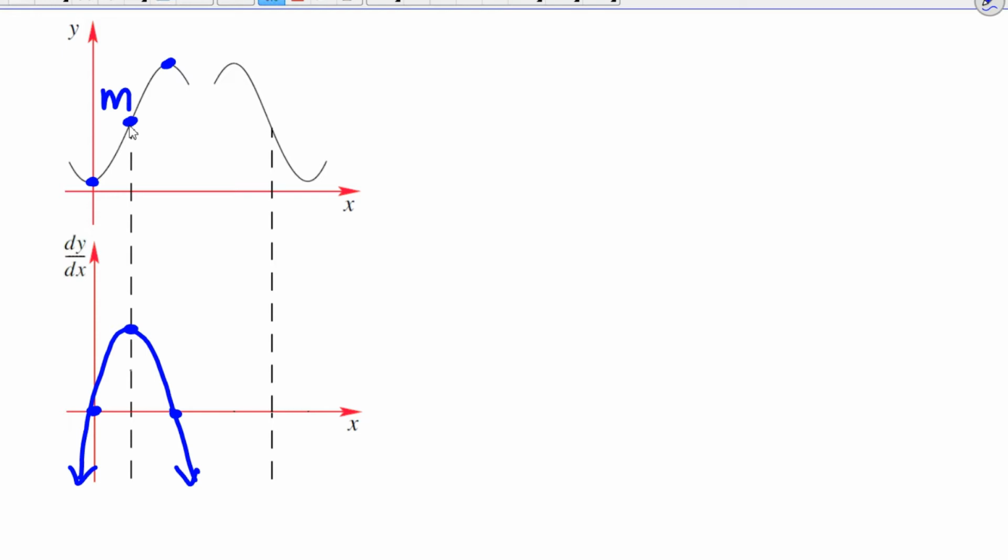Now, how about in the second case? Suppose this is point N. The derivative or the gradient at point N will be negative, so it will be probably somewhere around there. The gradient at this point will be 0 because it's a turning point, so somewhere around there.